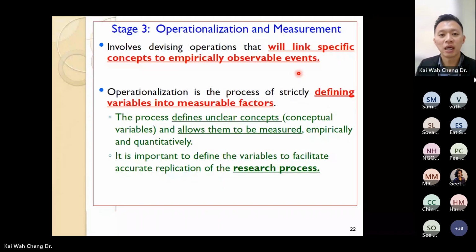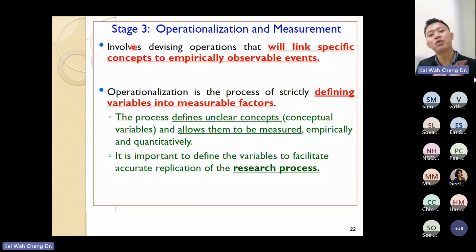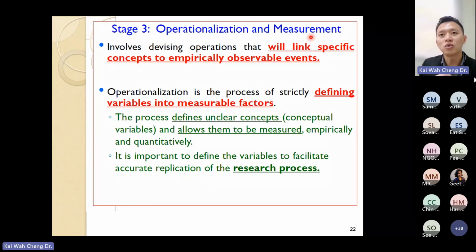Now we will proceed to stage number 3, operationalization and measurement. Measurement, from a research methodology perspective, refers to the question: what types of question are we going to use to test that particular variable?